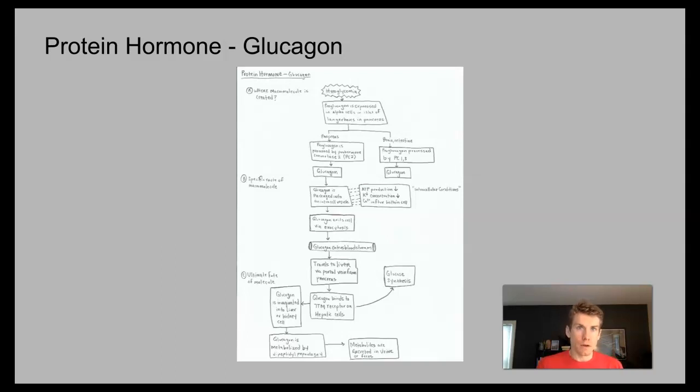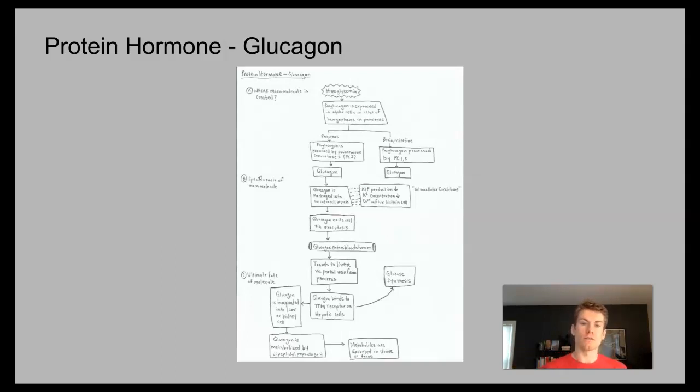Once created, glucagon is packaged inside intracellular vesicles in the Golgi apparatus. Hypoglycemia and the corresponding low ATP levels within certain cells, specifically pancreatic alpha cells, will trigger a lower concentration of potassium within the cell.